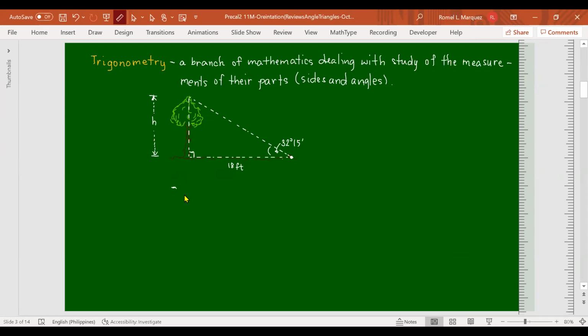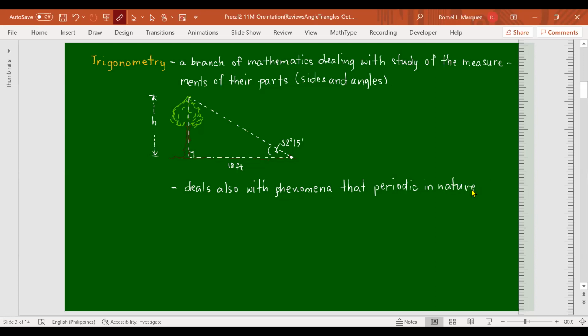It also deals with phenomena that are periodic in nature, with repetitive behavior.